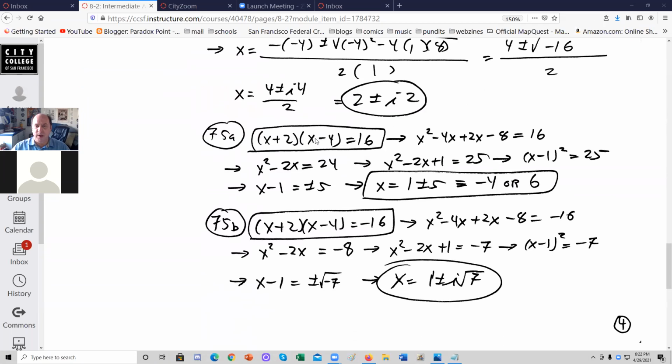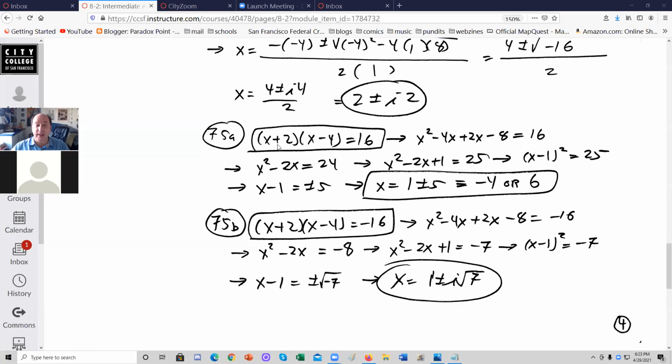This is a curious one. x plus 2 times x minus 4 equals 16. Now, if this had been a 0 instead of a 16, you could solve it right away by the factor rule. Either x plus 2 is 0, so x is negative 2, or x minus 4 is 0, so x is 4. But here's a 16. So what you have to do is what I call breaking a vase in order to glue it back together again.